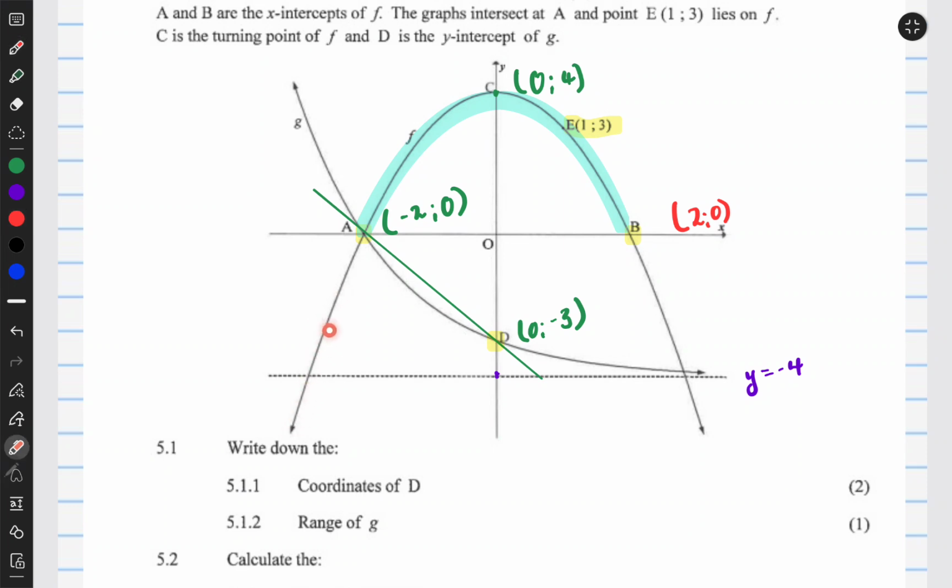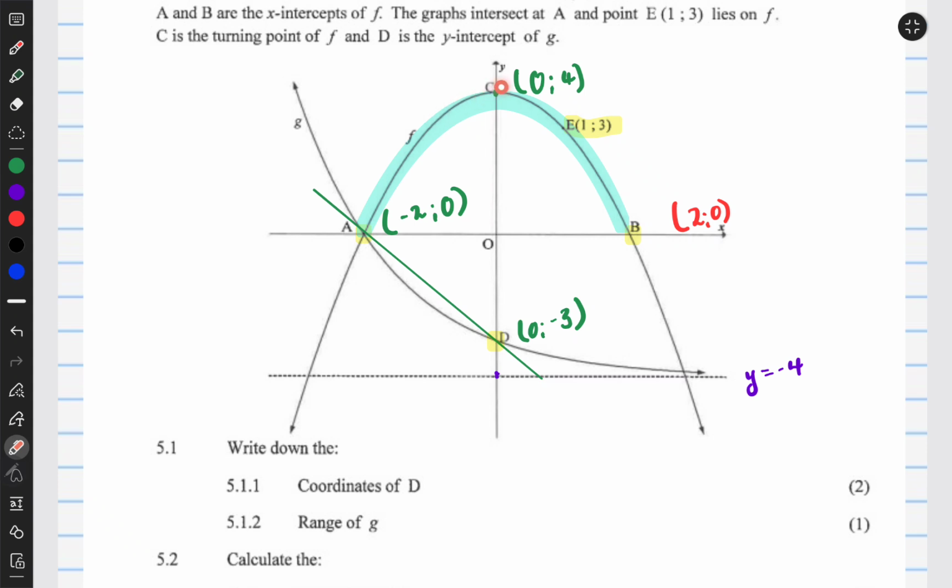As we go from negative infinity up until x is equal to 0, what's happening? The x values are increasing because we are moving from the left to the right, but also as we are moving from down to up, the y values are increasing. So as we move like this, both the x and the y values are increasing. So this side is increasing.